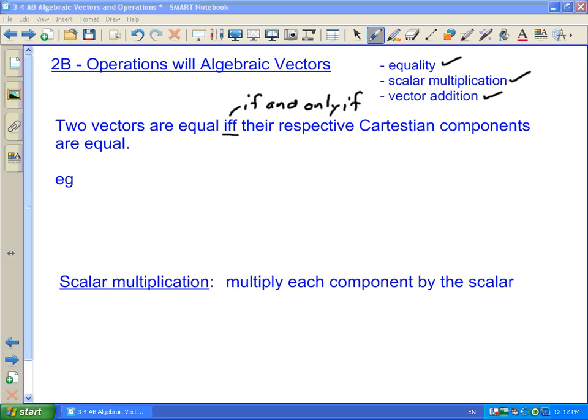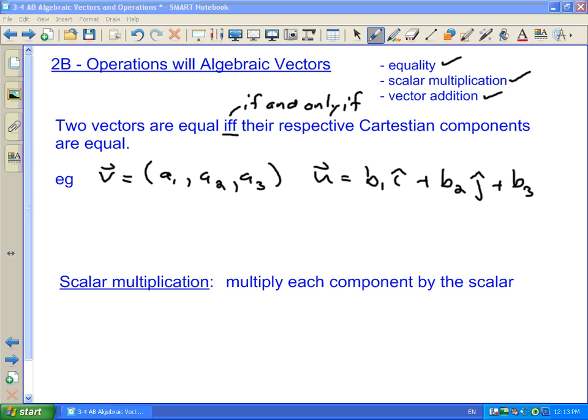So what this means is that if we have a vector v that we can represent as three Cartesian components, a1, a2, a3, in that ordered pair notation, and we have some other vector u, let's say, that we've represented as b1 i hat plus b2 j hat plus b3 k hat, where a1, a2, a3 are just numbers, and b1, b2, and b3 are just numbers.